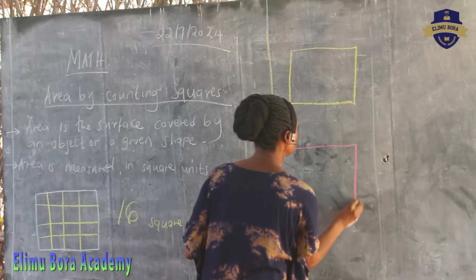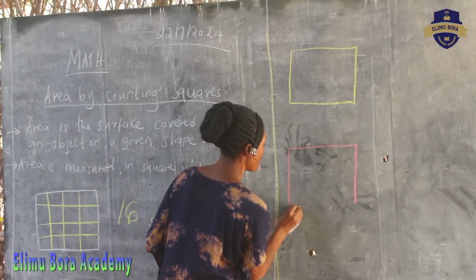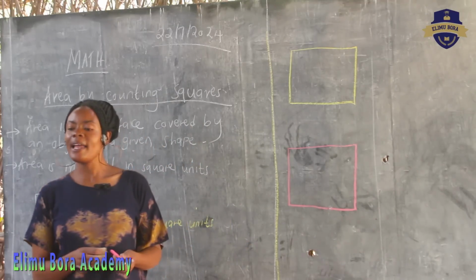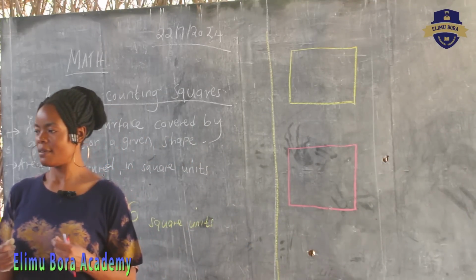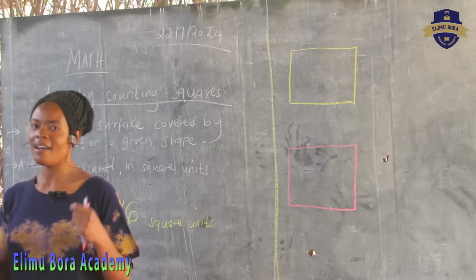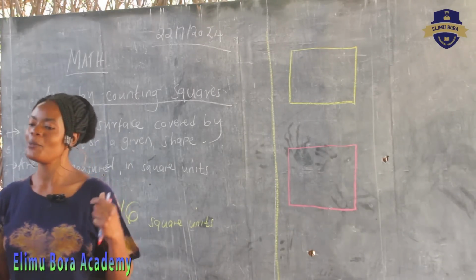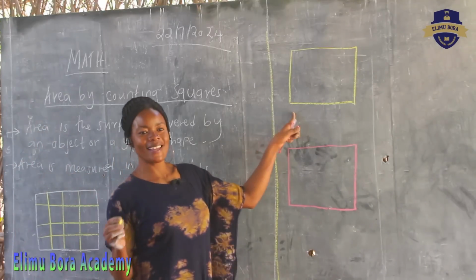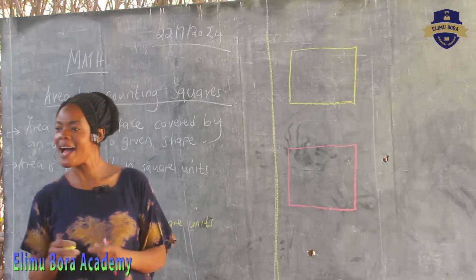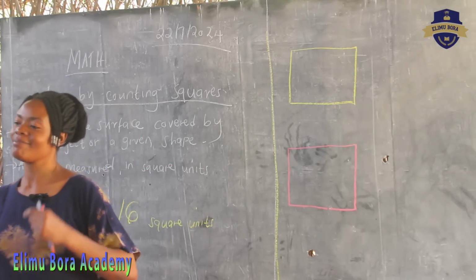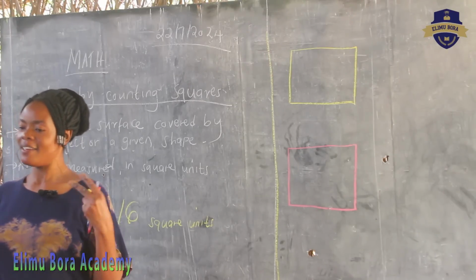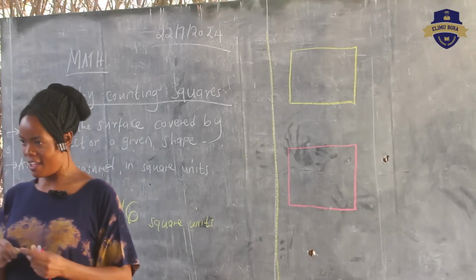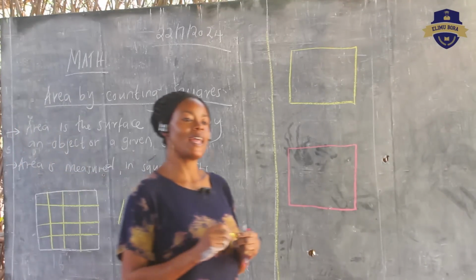So we want to count the squares that seem to be occupying a big space, occupying the big surface. That's what I want us to do today. Somebody is going to count for me, and when you are counting, remember, we want to pick out the squares that are occupying a big surface area. And we are going to do that by counting.